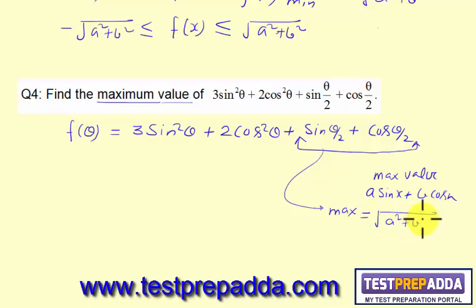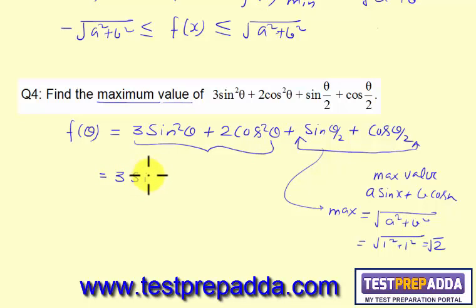Root a square plus b square. You can do 1 square plus 1 square, and that comes root 2. So maximum value of this part is root 2. So our job is to find the maximum value of only the remaining part. Okay, so how will you do that?